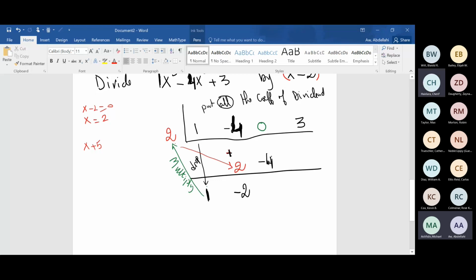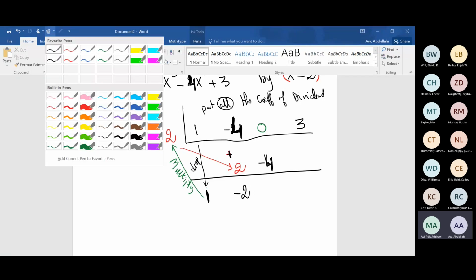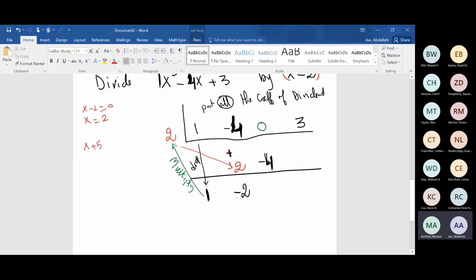I do not want to overwhelm my picture with a lot of arrows, but the next step is to do -2 times 2, and then you put it down here, which is -4. Then you add them up. So 0 plus -4 is -4.